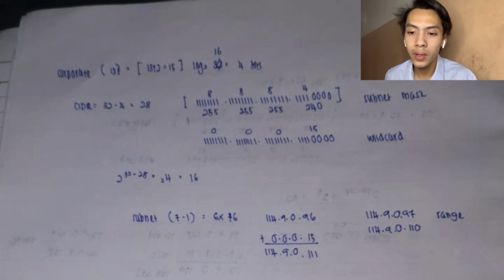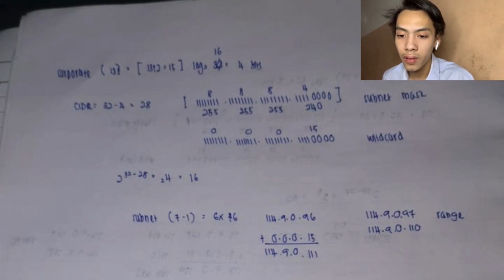And then for the subnet, 7 minus by 1, we got 6. And 6 multiplied by 16, we got 96. So the first address is 114.9.0.96. And the wildcard is 0.0.0.15. And we got the last address 114.9.0.111.